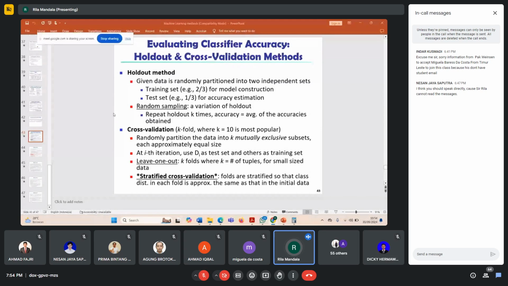As you know, we must have training data and test data. The performance evaluation metric must be applied to where? Training data or testing data? Testing data, not the training data.